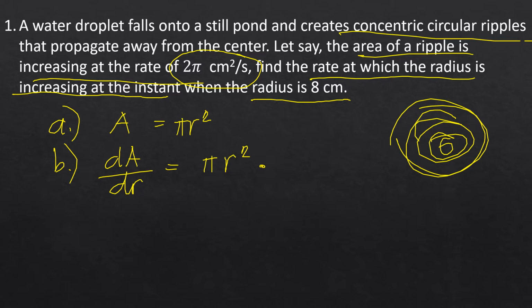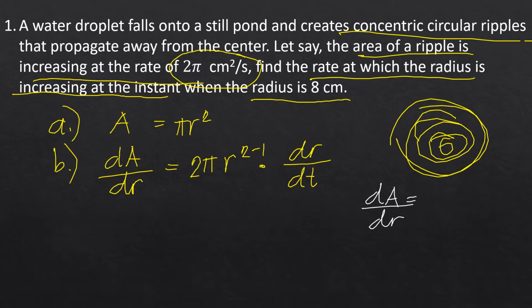So i-differentiate mo siya, okay, implicitly. So r squared will become r 2 minus 1 product times 2 times derivative of r with respect to time is dr over dt.